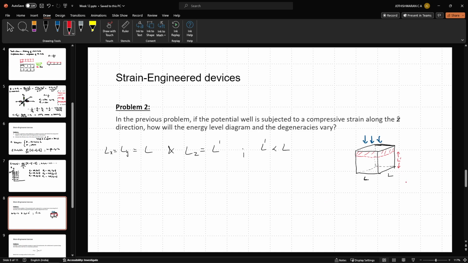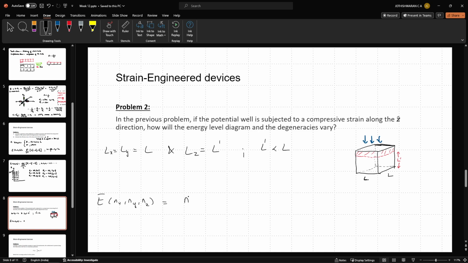So in this case, again, nothing changes. What happens essentially is now E of nx, ny, nz, again, the form of the solution will not change, but there is going to be a small catch.